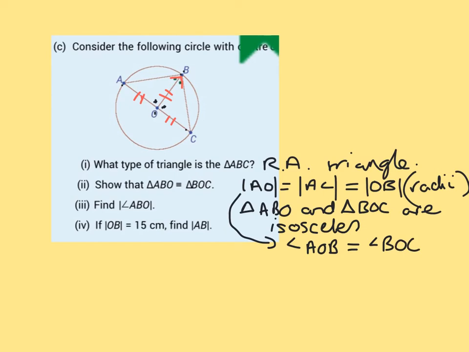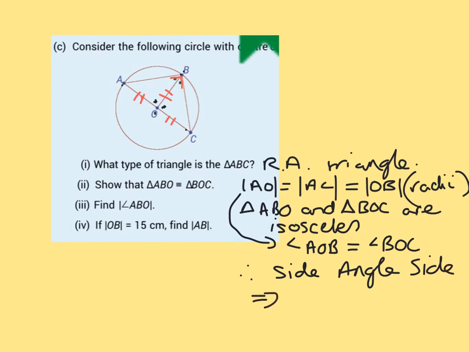If you're not very good at reading an angle like that, you can call them 1 and 2, so angle 1 is equal to angle 2. Therefore, side, angle, side.